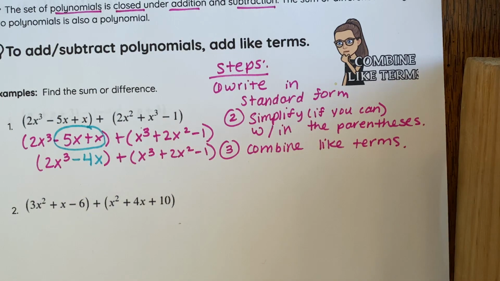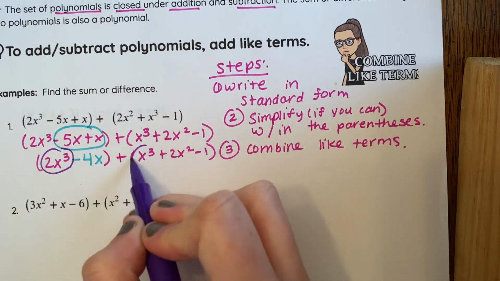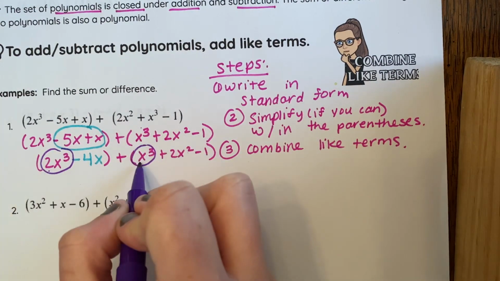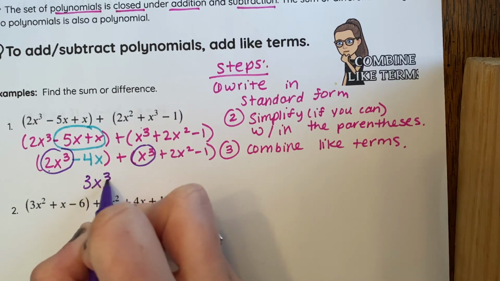Now we're going to combine all the other like terms. We have a 2x cubed here and an x cubed here, so 2x cubed plus 1x cubed would be a 3x cubed.